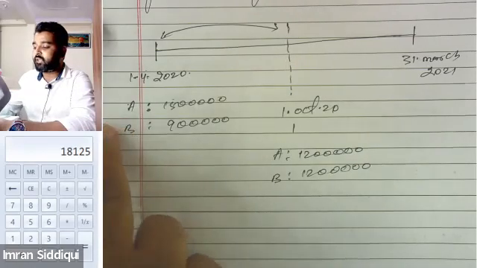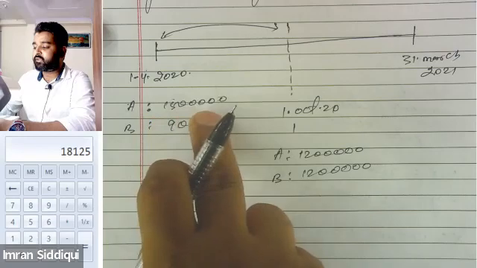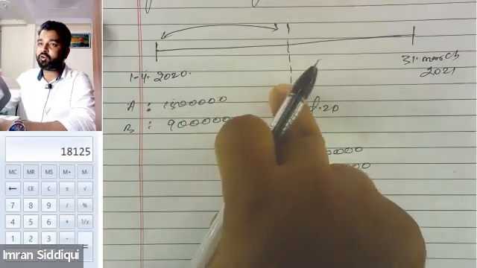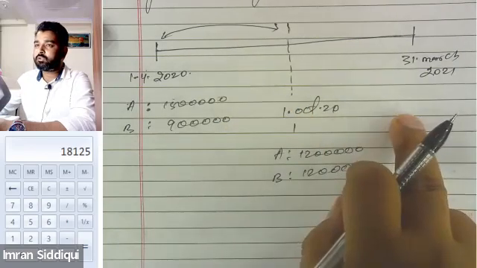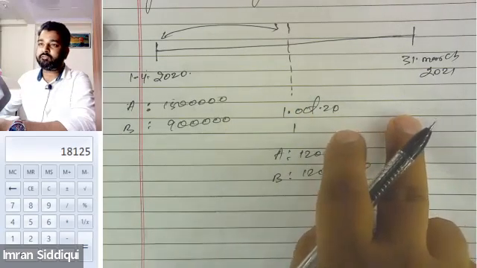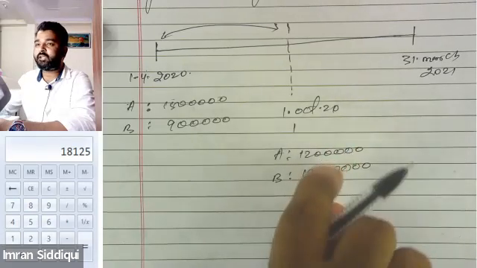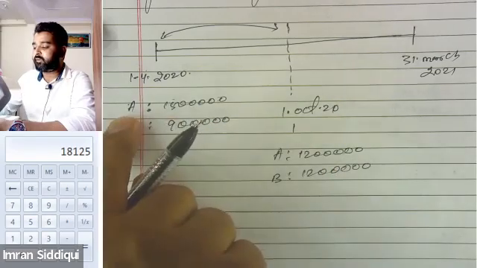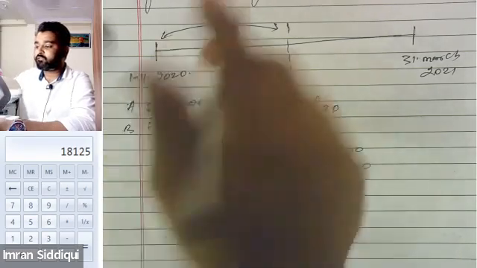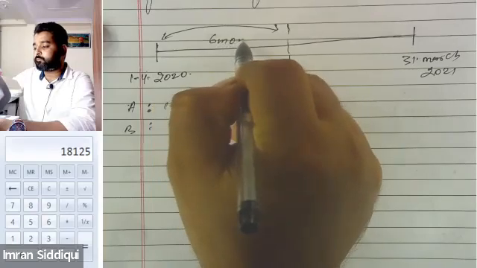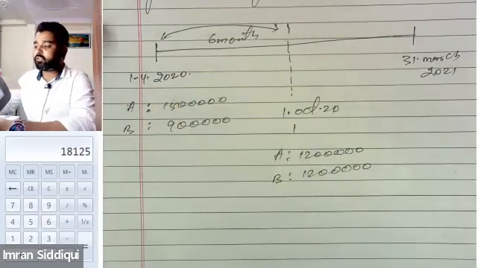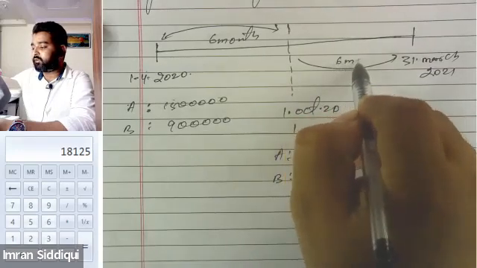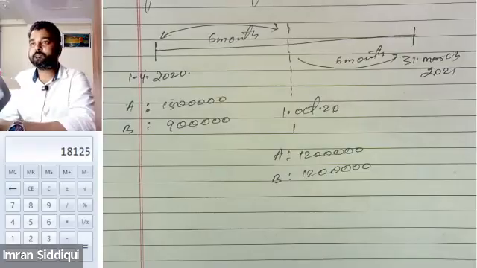Since partner A maintained a capital balance of 15 lakh till 1st of October, and from 1st of October onwards both partners decided to maintain 12 lakh as their capital. So can we say that Mr. A maintained a capital balance of 15 lakh for the first 6 months? Will it be correct? Yes or no? And for the remaining 6-month period, he maintained a balance of 12 lakh. Is that correct, everyone? Yes, sir.